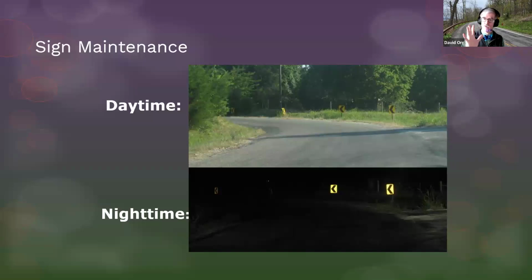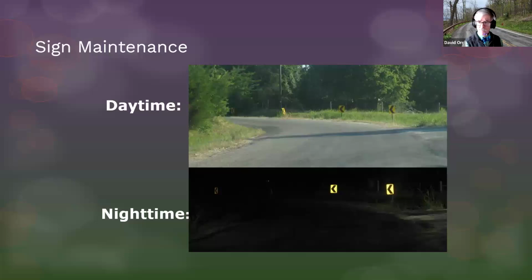It's so far out of orientation. So again, think about your sign maintenance, and you really should be doing nighttime inspections of your signs to check to see how they're doing. And you can also get a sense of if there's vegetation and stuff like that in the way. So how many of you do nighttime inspections? Raise your hand if you do nighttime inspections.